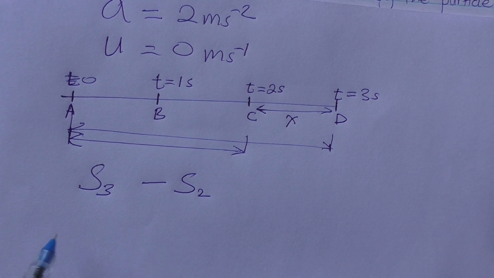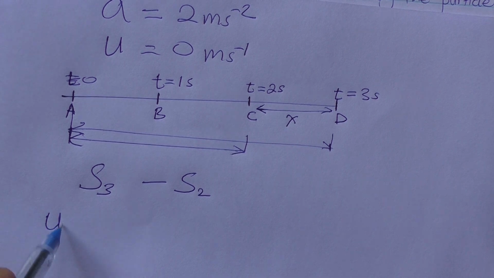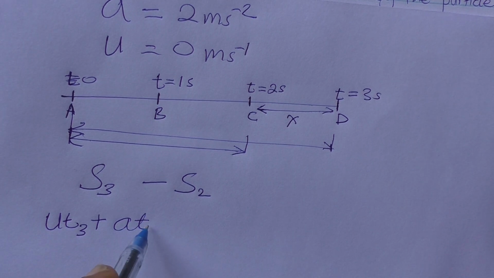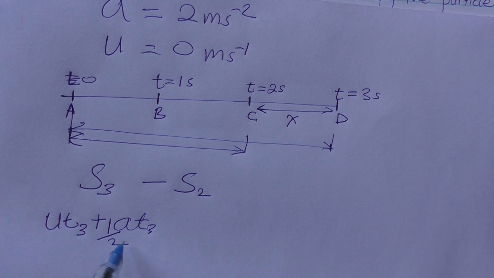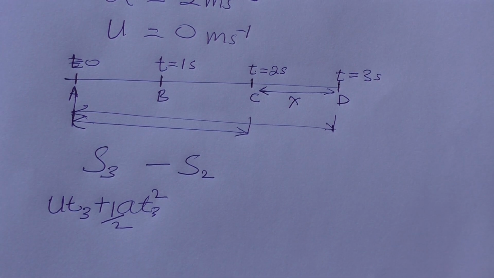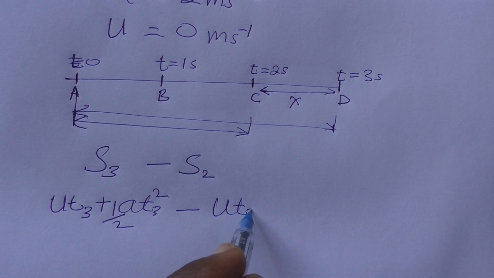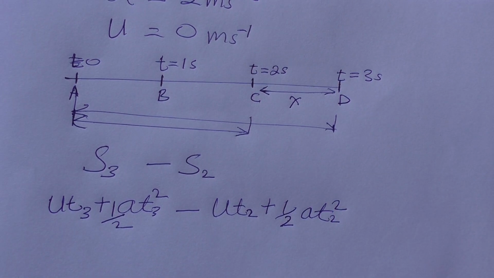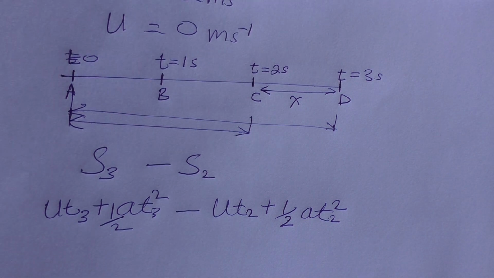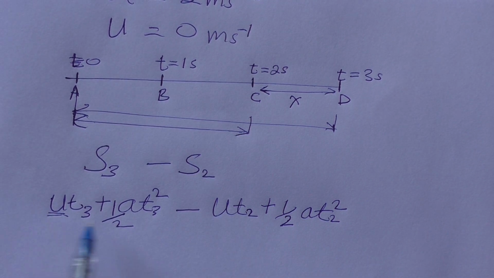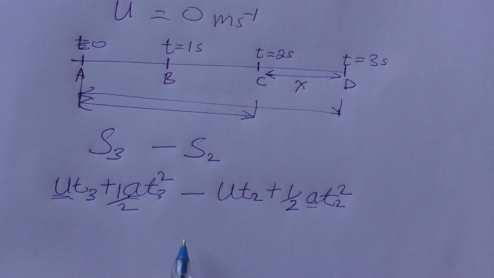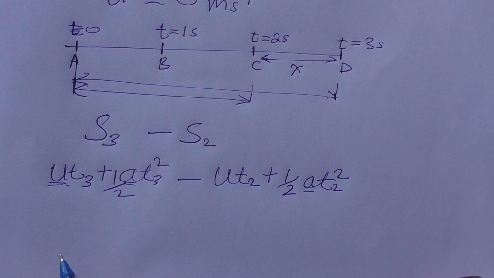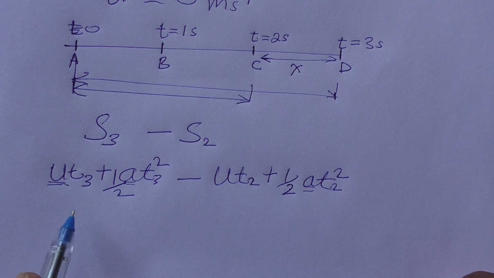So S3 is u t3 plus a half a t3 squared, minus u t2 plus a half a t2 squared. You find that we have some common factors, which are u and a half a. That can't stop us from working out. We can continue and substitute.